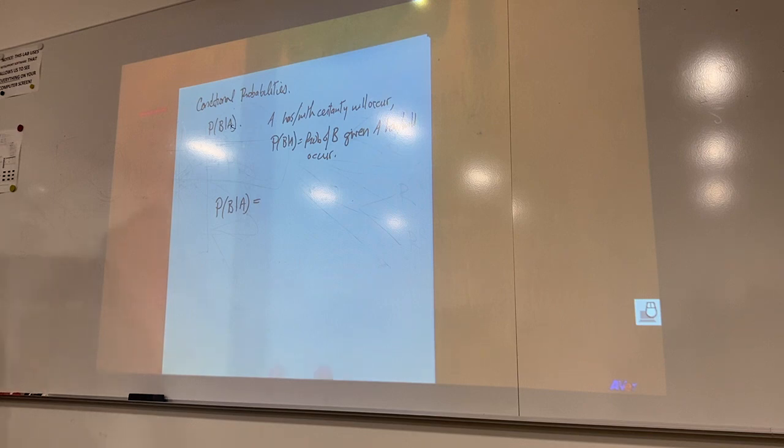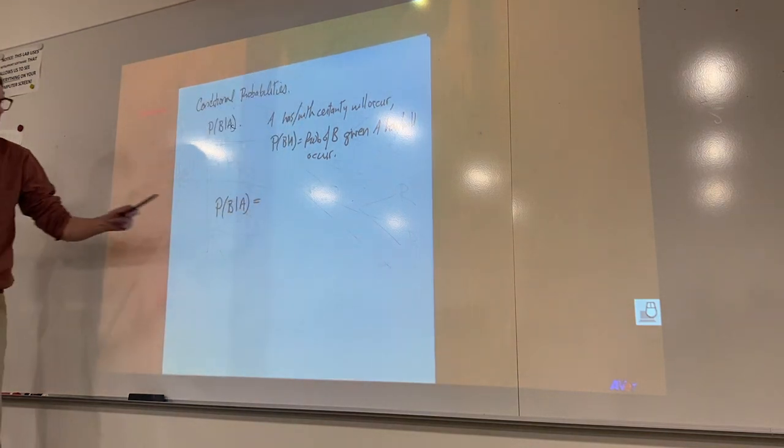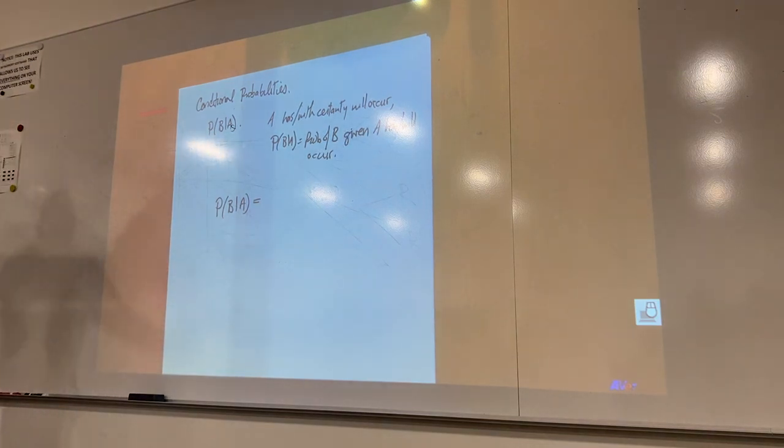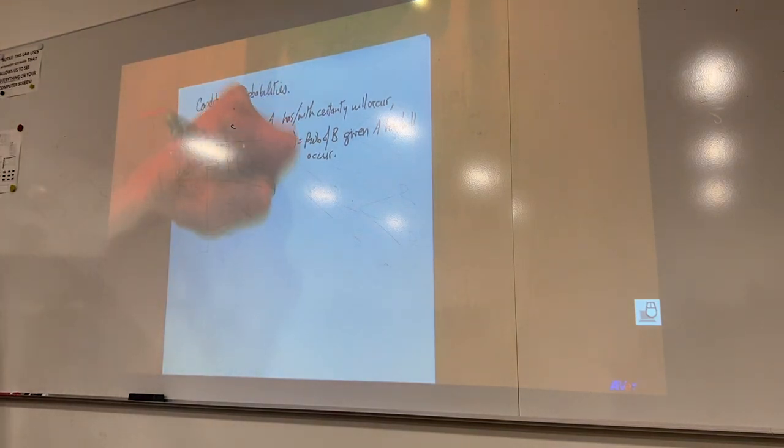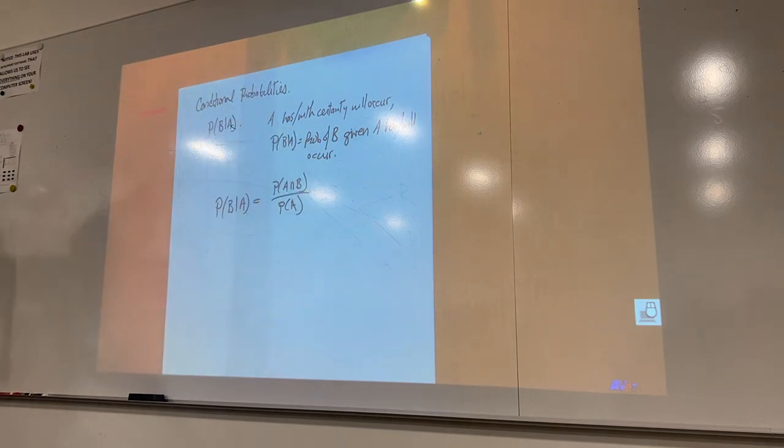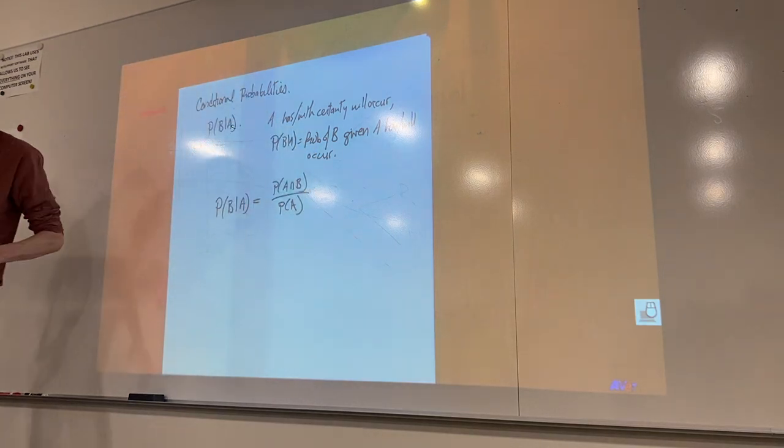The only way B can occur in the presence of A is in that intersection. So that's where the numerator, the probability of A and B, over the probability of the thing you conditioned on, A, came from.